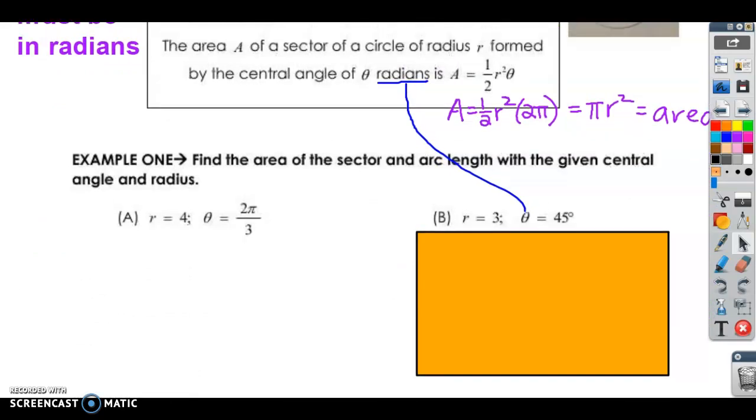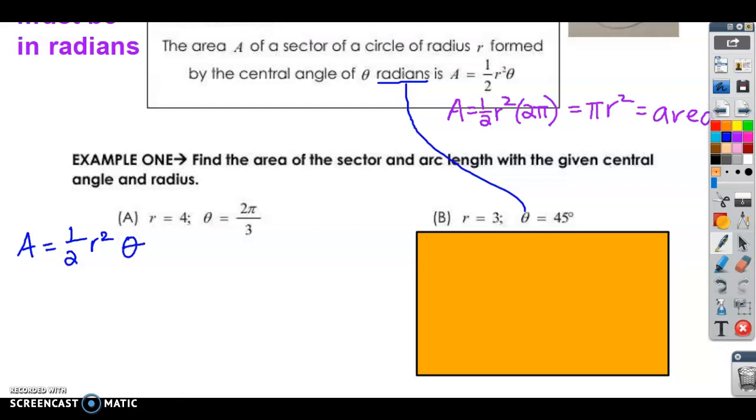In example 1, part A, we're asked to find the area of the sector and the arc length, with the given central angle and radius. All right, so we'll go ahead and find both. The area formula is 1/2 radius squared times theta.